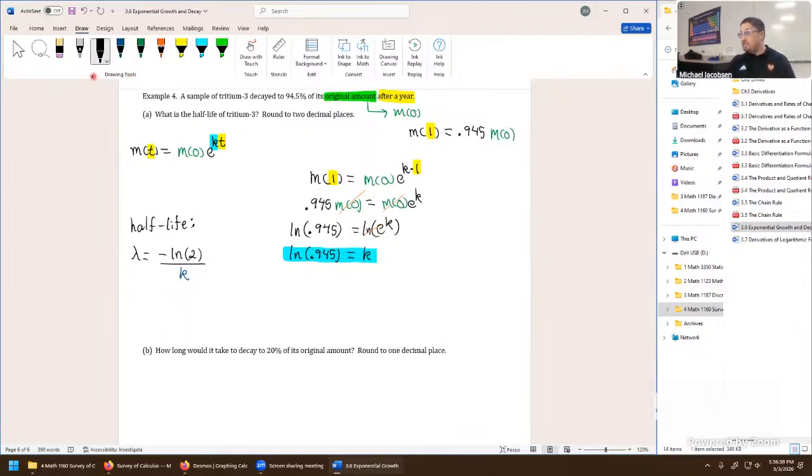From there, we can plug in and say lambda is negative natural log 2 divided by natural log 0.945. That's the exact half-life, but we're going to round it to 2 decimal places, and the units will be in years.